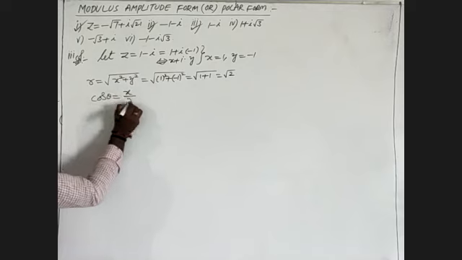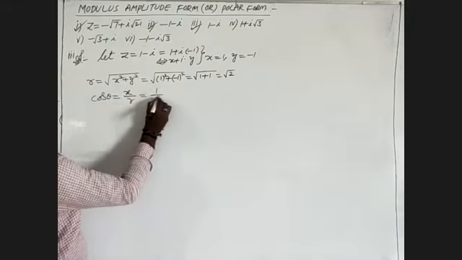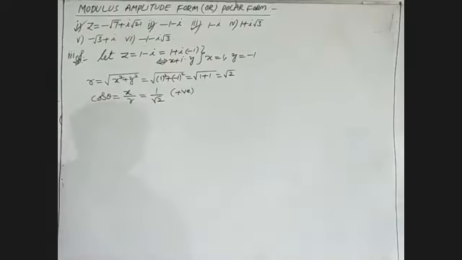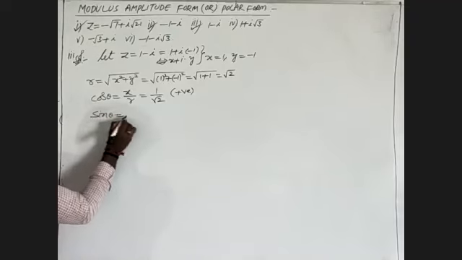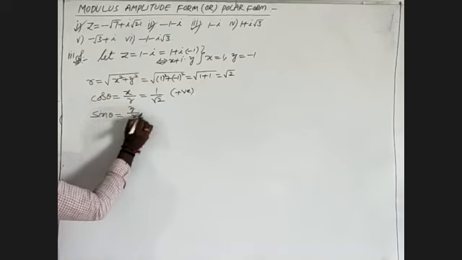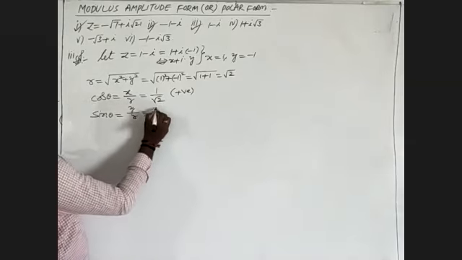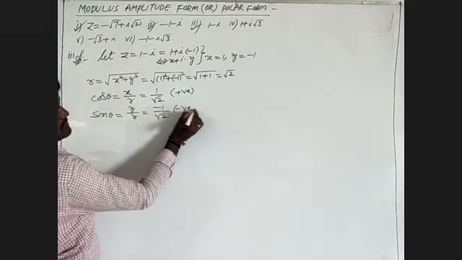Cos theta is nothing but x by r, where x is 1, r is root 2. 1 by root 2 is positive. After that we have to find sin theta. Sin theta is nothing but y by r, where y is minus 1, r is root 2. Minus 1 by root 2 is negative.